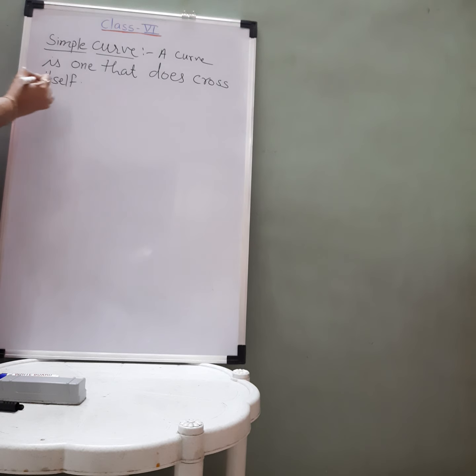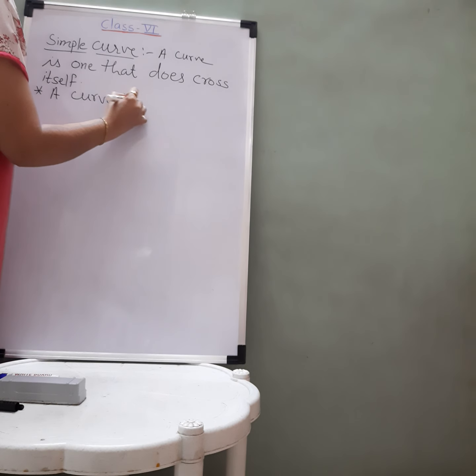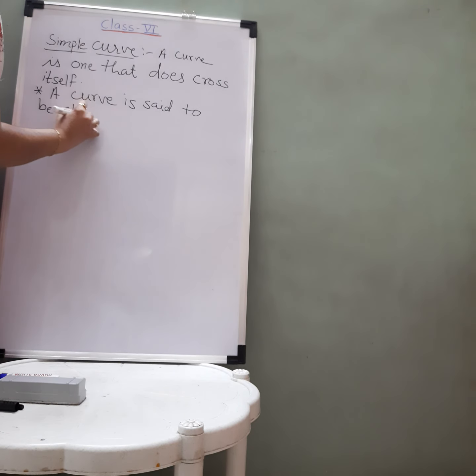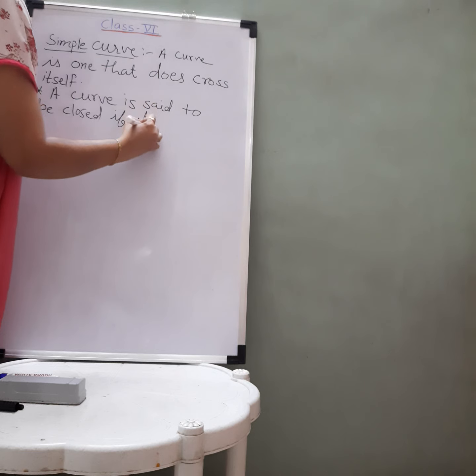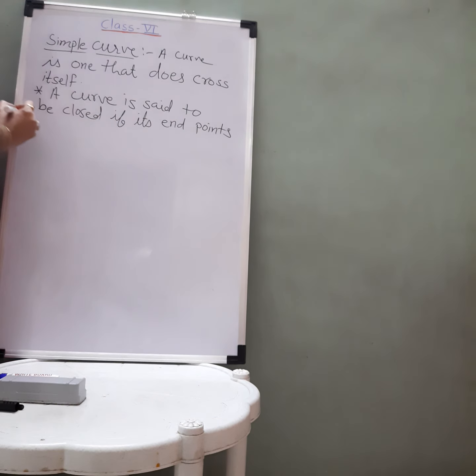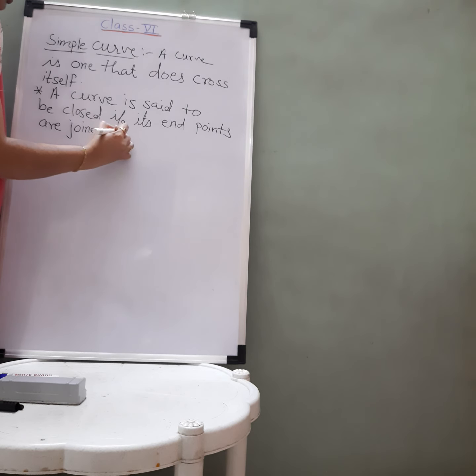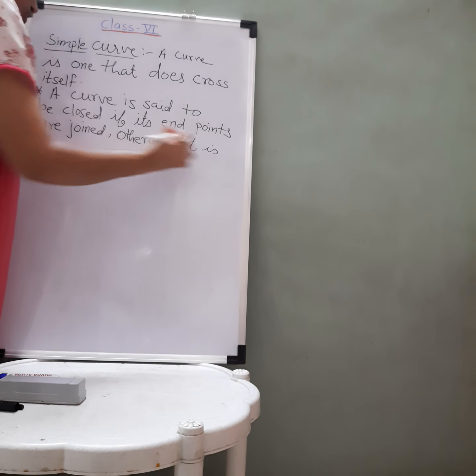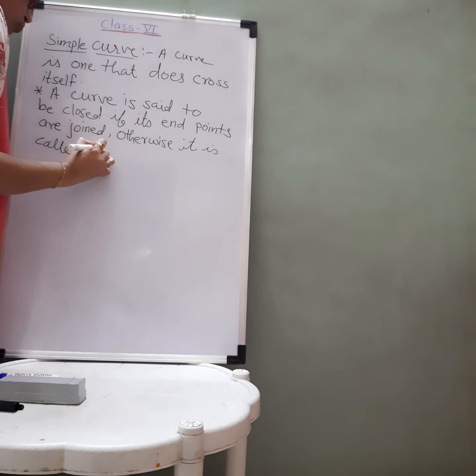So the next important point: a curve is said to be closed if its endpoints are joined, otherwise it is called open.